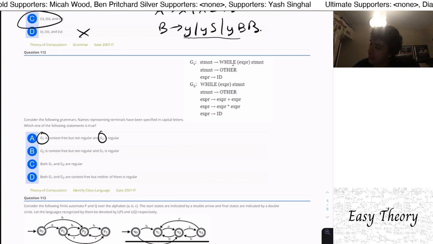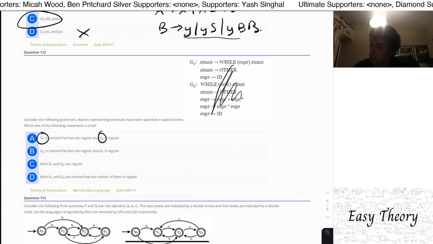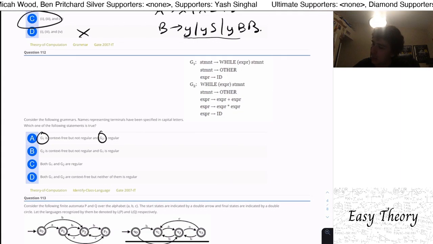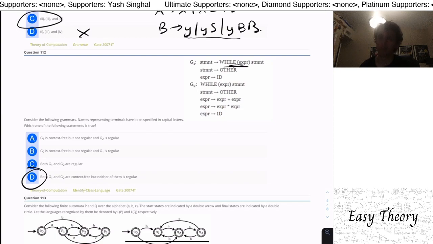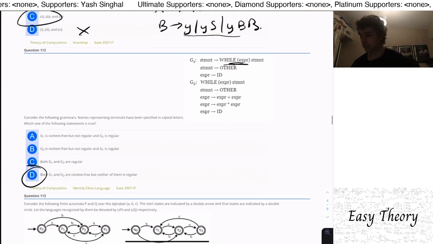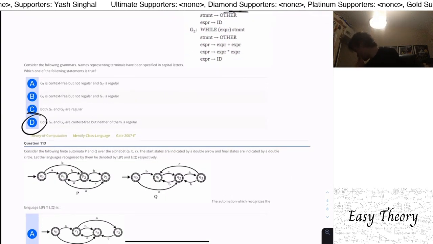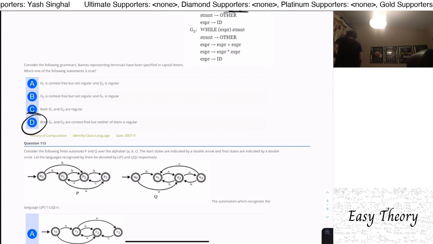So neither of these grammars is a regular grammar because they don't obey the rules of what a regular grammar could be. So actually, both of them are not regular grammars, but they are context-free grammars.